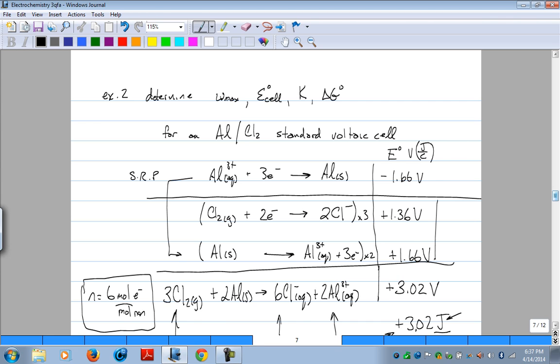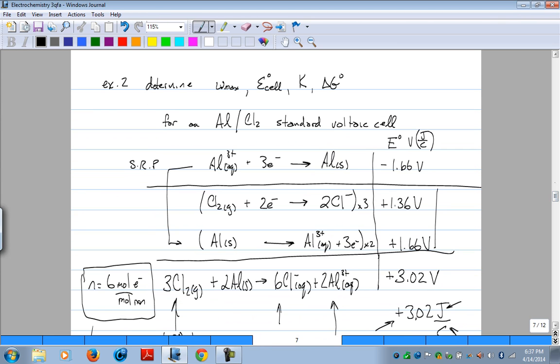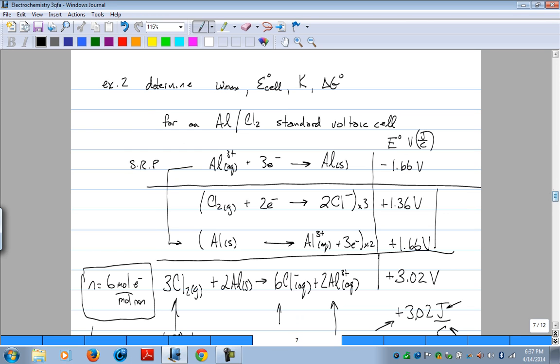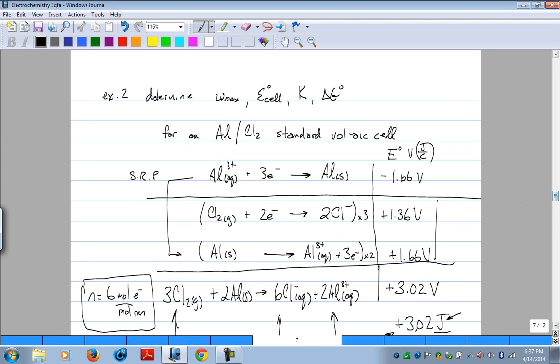In the notes I'll put an additional example of a galvanic cell, voltaic cell, another metal-nonmetal cell, so you'd expect a spontaneous reaction with a pretty large standard cell potential difference, and you can work through that and look up your answer in the notes.